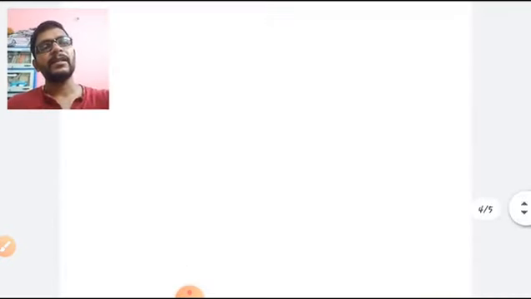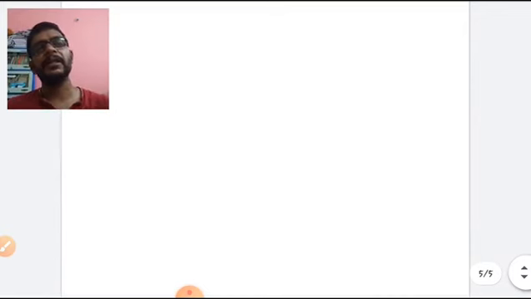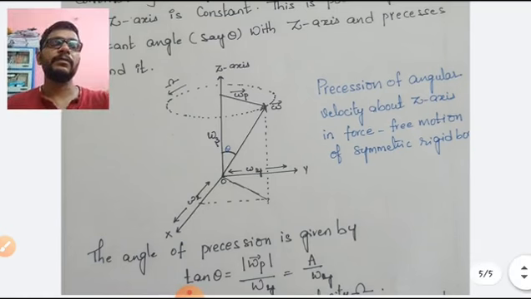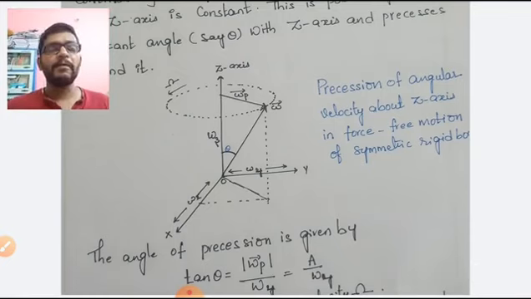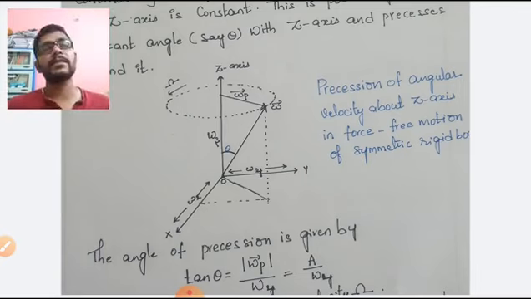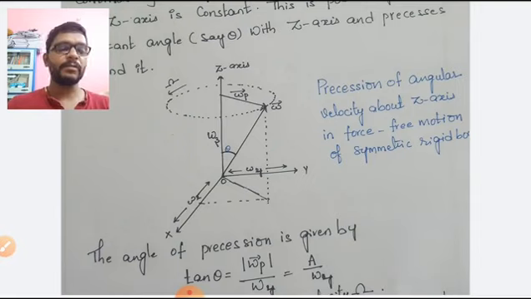So again, let us see what is spinning and what is precession. For the next topic, we have to know these two things. For example, I am showing you one picture here.